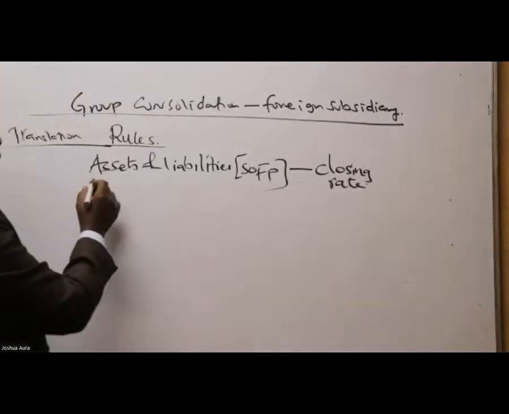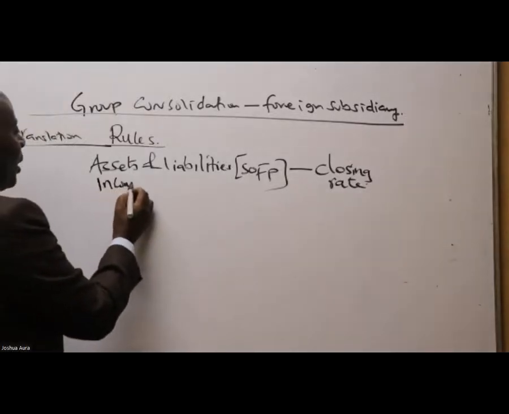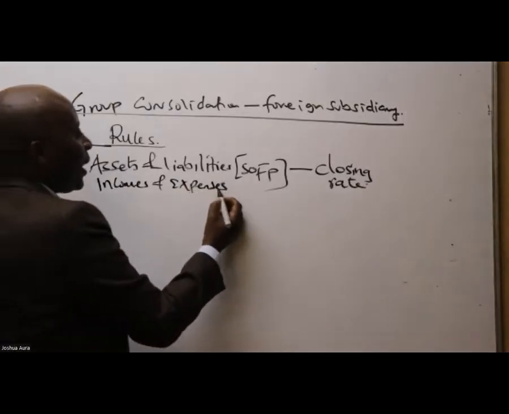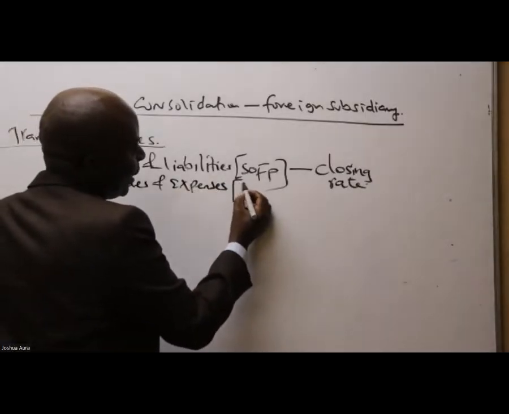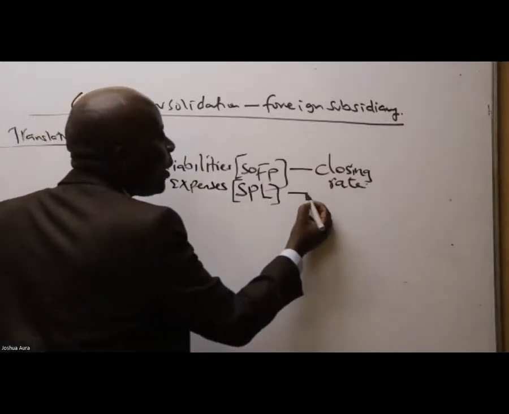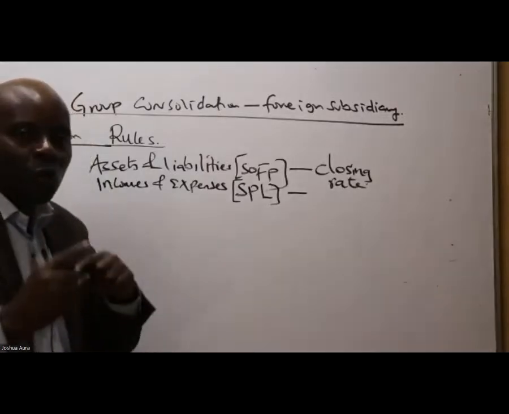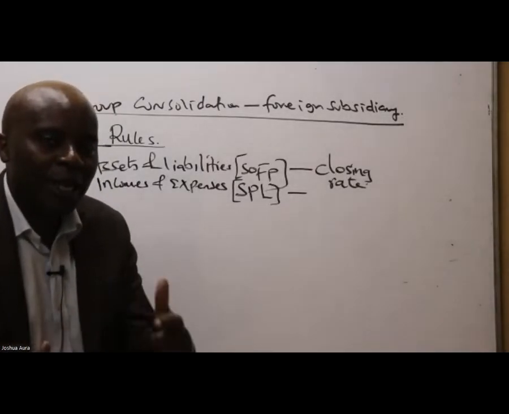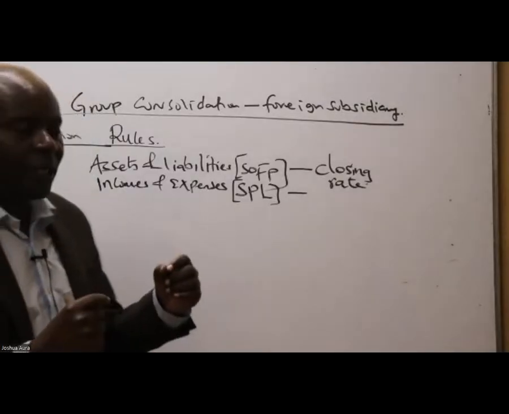Of course, if it is incomes and expenses, which we shall be getting in the statement of profit or loss, income and expenses accrue almost evenly in the whole year. You'll be getting, ladies and gentlemen, like sales revenue.